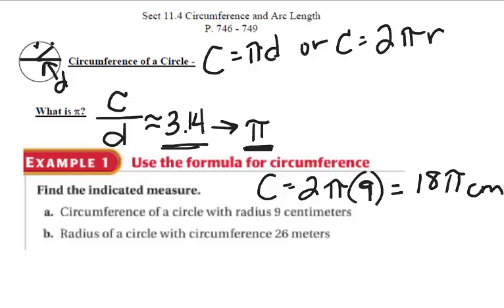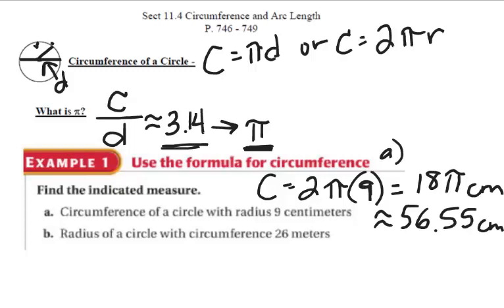Now, if it says to round in your problem, then you can say approximately and plug that into your calculator, 18 times pi. Some of you will use the 3.14 and some of you will use the pi button, and the answers will be real close. I use the pi button. Check with your teacher and see which one they use. But if you put that in, we get approximately 56.55 centimeters. Okay, so that's A.